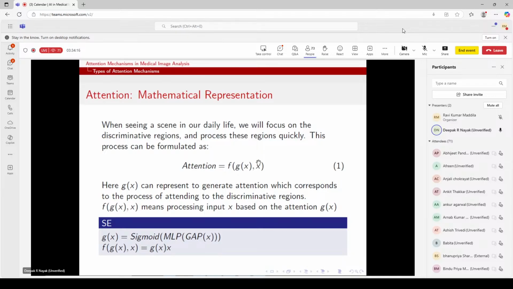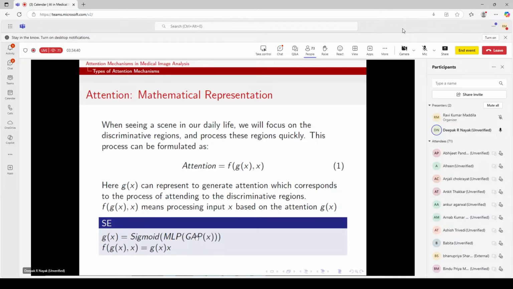For example, I have not yet discussed what squeeze and excitation means. Squeeze and excitation is nothing but one type of channel attention mechanism, which is very, very popular, and the first attention mechanism which was proposed. I'll first discuss what squeeze and excitation means, and then I will show you how we can represent it in the form of g of x.